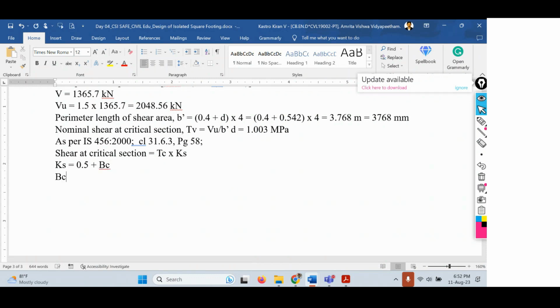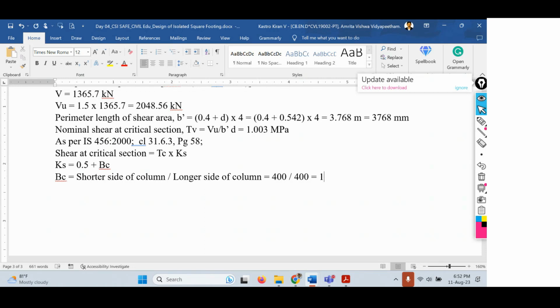So how to calculate this beta C? Beta C equals shorter side of column divided by longer side of column. Both shorter side and longer side have the same values, that is 400 divided by 400, that equals 1.